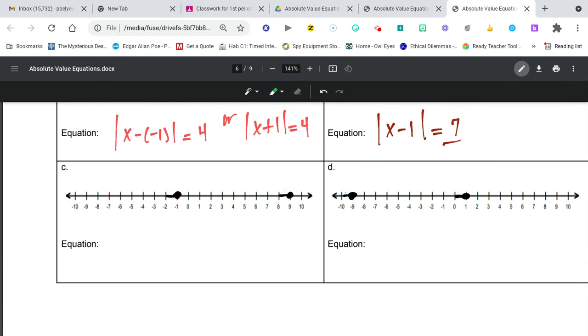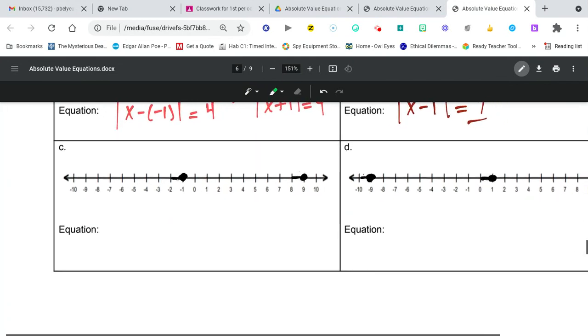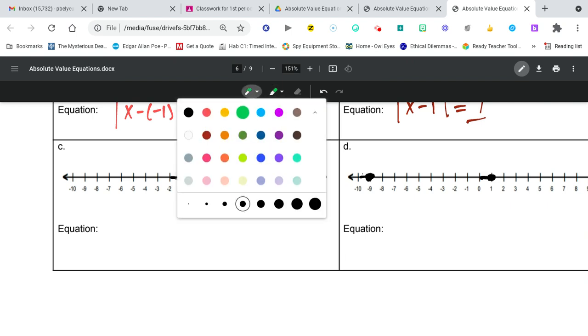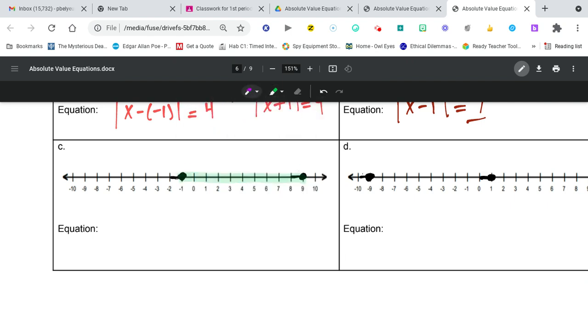All right, this is what you should have gotten for C. Okay, hold on. Let's count the span. 1, 2, 3, 4, 5, 6, 7, 8, 9, 10. Of course, we know that's going to be 5 on each side. 1, 2, 3, 4, 5. My midpoint will be 4.